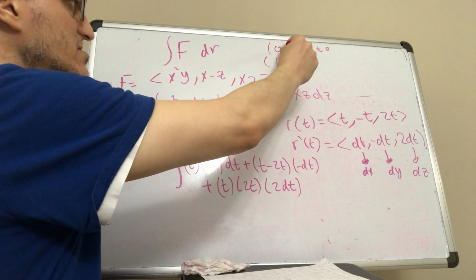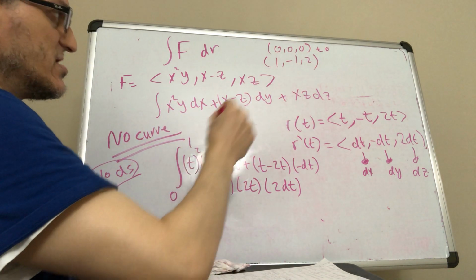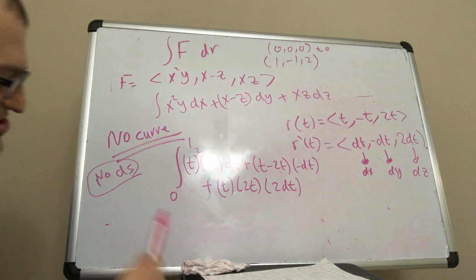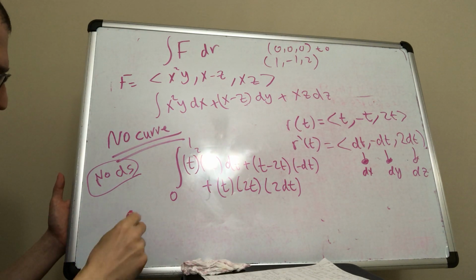And we know that it's going to go from 0 to 1 because 0 gives us this and 1 gives us this. If you write this in a better way, watch.